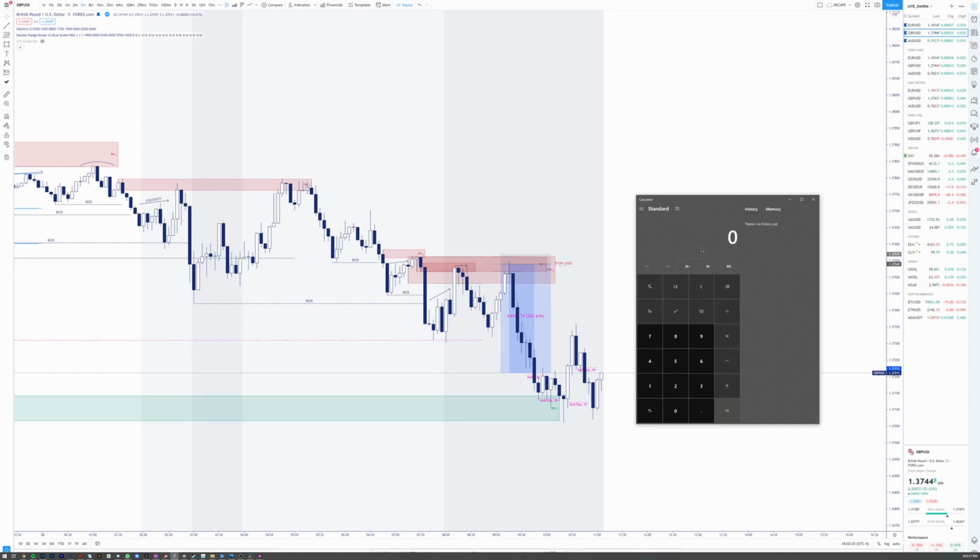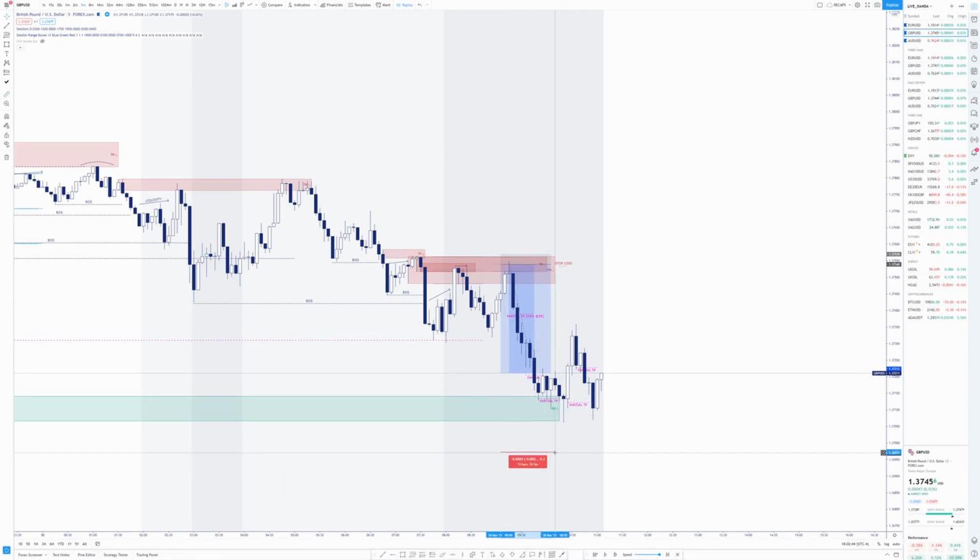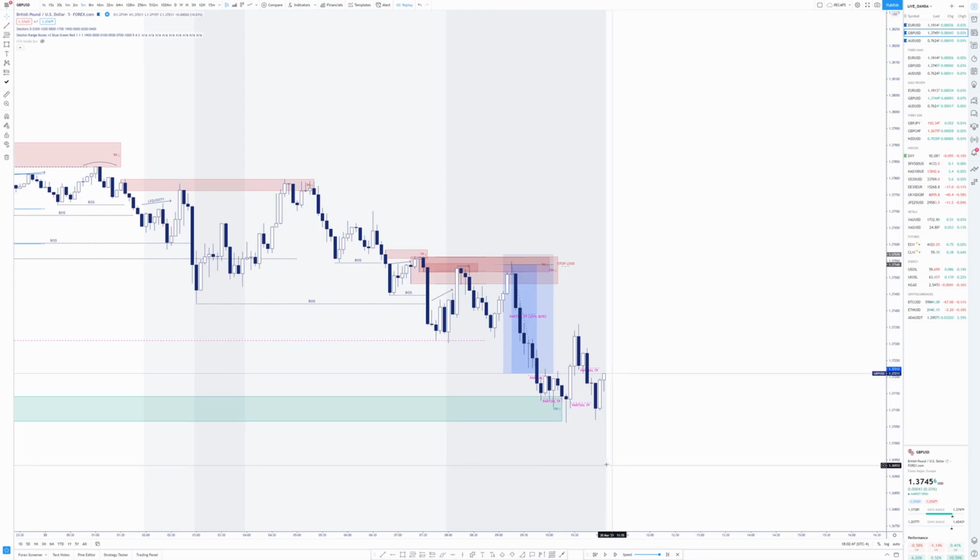So if we just do 0.25% in this scenario, we're risking $250 times 8.6R. Just made almost $2,200, $2,150 US in no longer than about an hour. Actually, sorry, about an hour and a half.